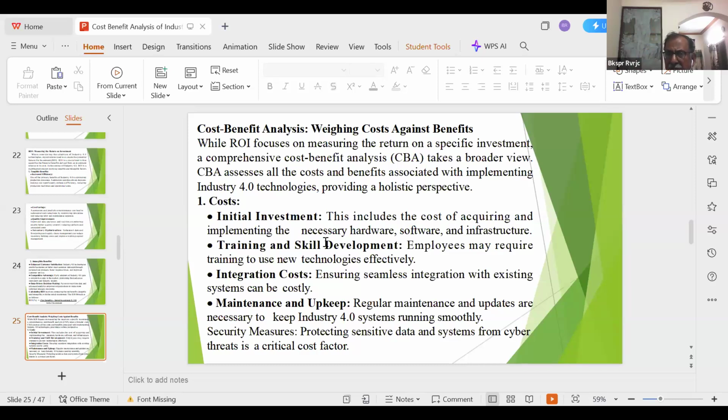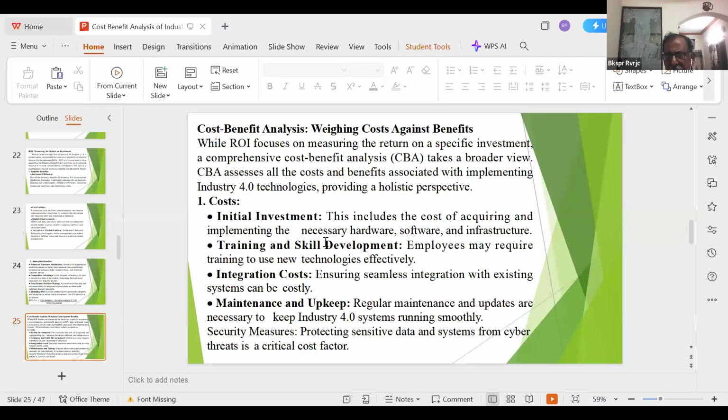With this cost benefit analysis, we weigh the cost against the benefits. While return on investment focuses on measuring the return on a specific investment, a comprehensive cost analysis takes a broader view. The cost benefit analysis assesses all the costs and benefits associated with implementing the Industry 4.0 technologies, providing a holistic perspective. The costs are identified here.